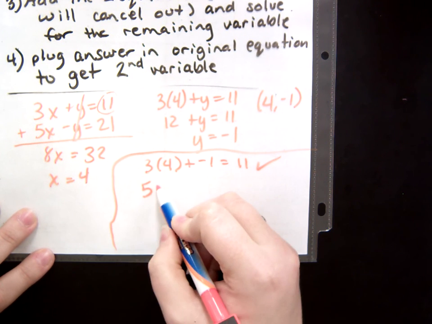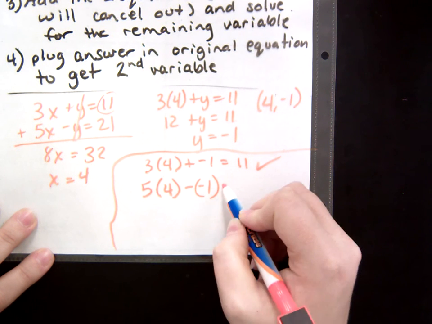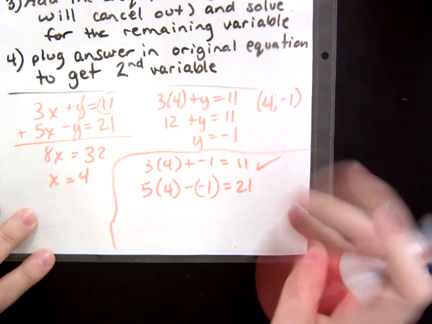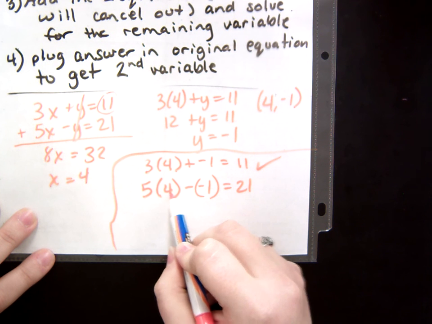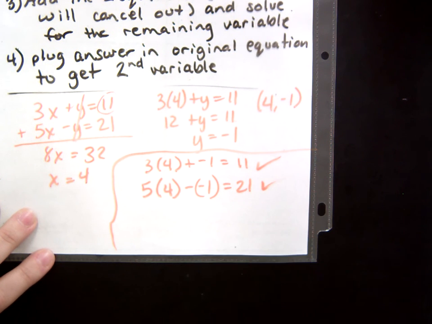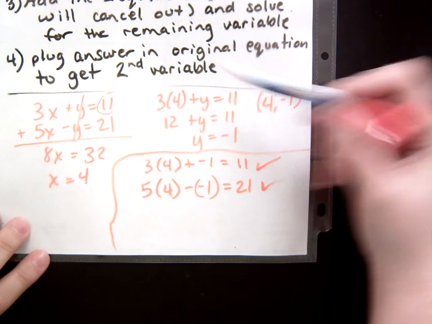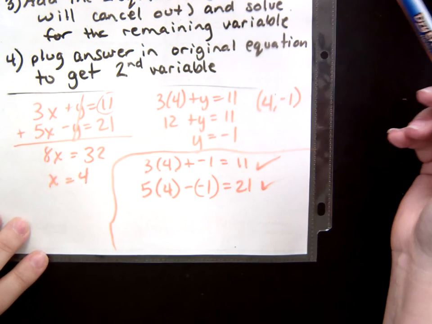So if I had 5 times 4 minus negative 1 equals 21. Well, this is 20. Minus a negative is adding, so 20 plus 1 gives me 21. That checks out too. Remember, when you go to check yourself, you have to plug it in both equations for it to be a valid answer.